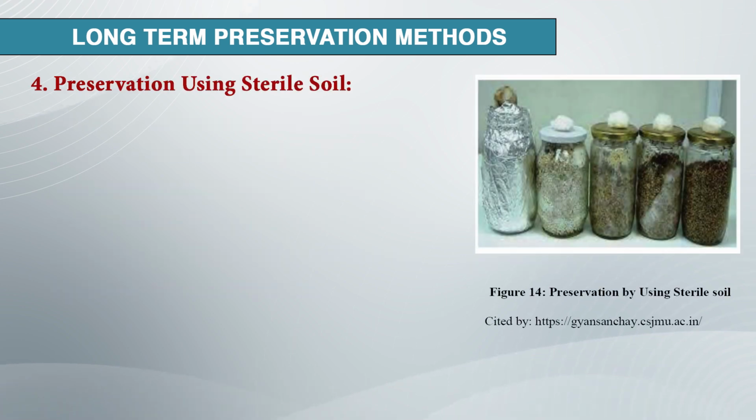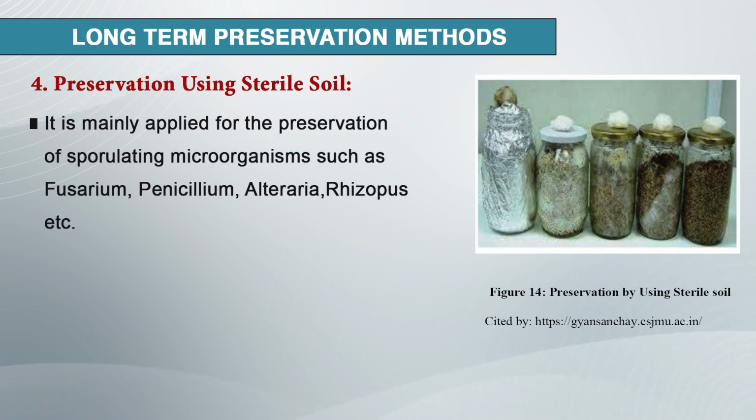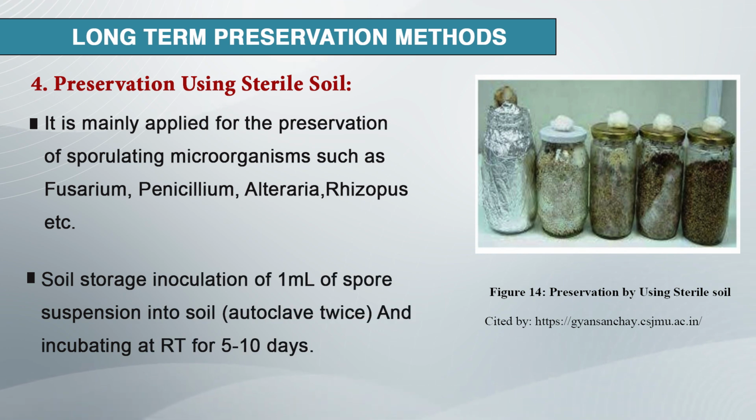Preservation using sterile soil. It is mainly applied for the preservation of sporulating microorganisms such as Fusarium, Penicillium, Alternaria and Rhizopus etc. Soil storage: inoculation of 1 ml of spore suspension into soil, autoclaved twice, and incubating at room temperature for 5 to 10 days.